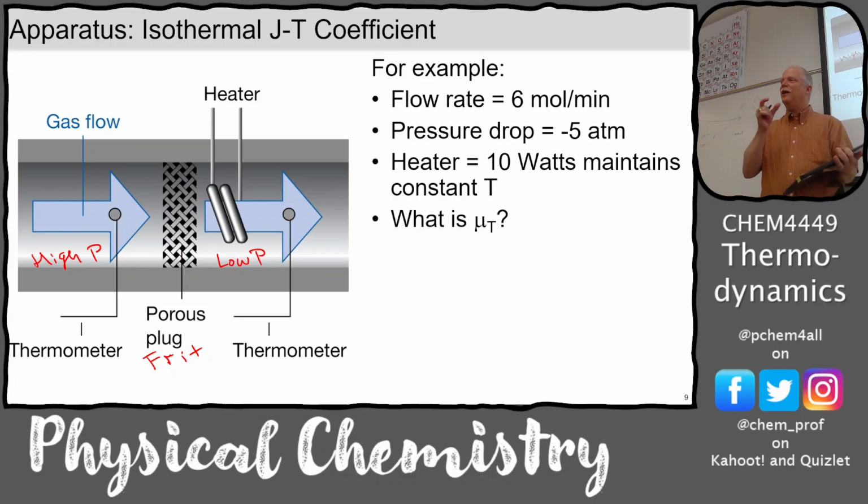So it's a way to directly measure how much energy you have to put back into the gas to get it back up to the energy. So the temperature dropped because we stripped all of these intermolecular attractions apart, and then we use the heater to bring that gas back up to temperature. So we're actually directly measuring how much energy the gas lost by expanding.